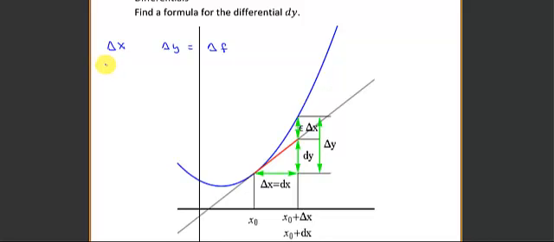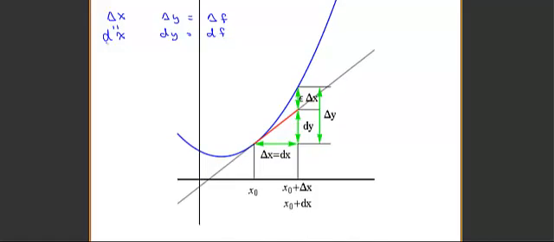Then the differentials we represent with a d. dx is the differential in x, and dy or df is the differential in y or f, and again these are the same thing. Now usually for the independent variable, the input, the increment and the differential we'll consider to be the same thing.